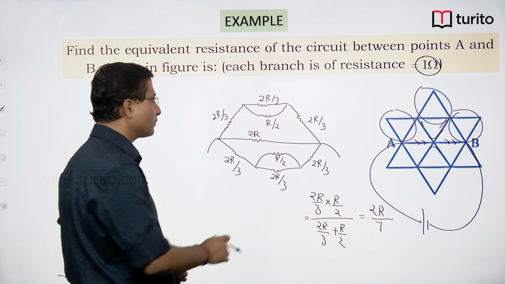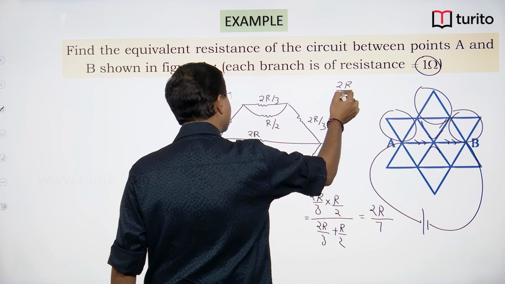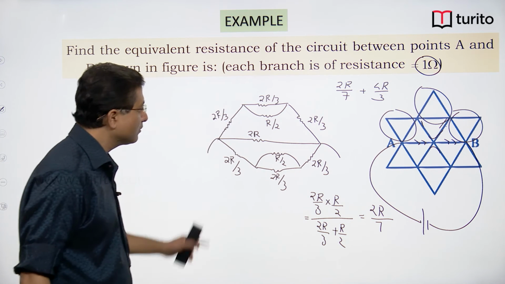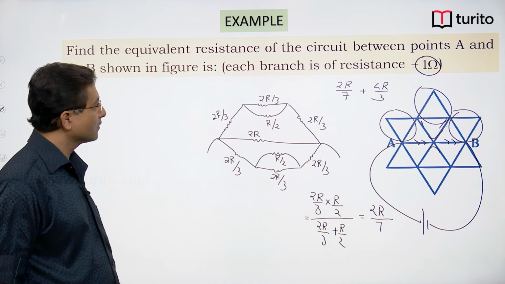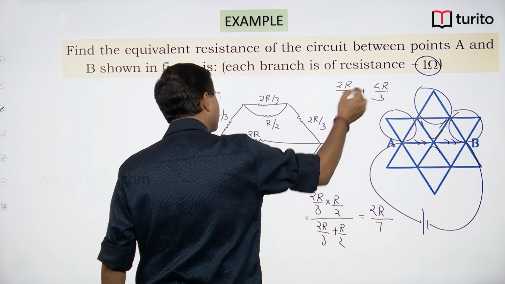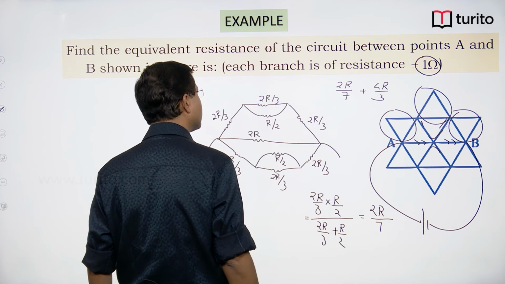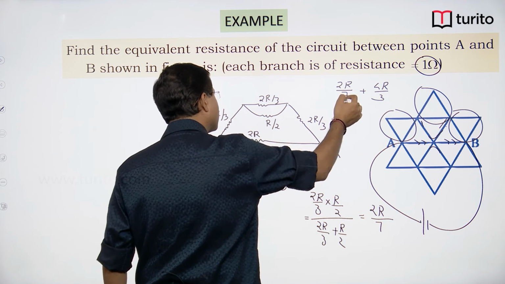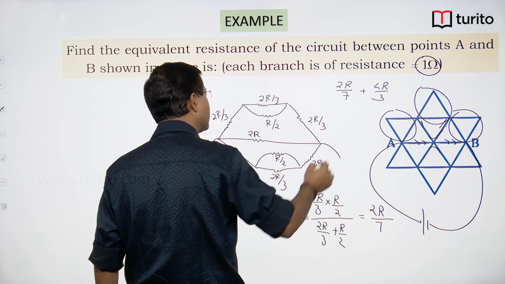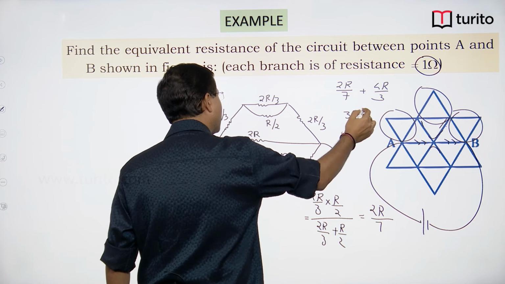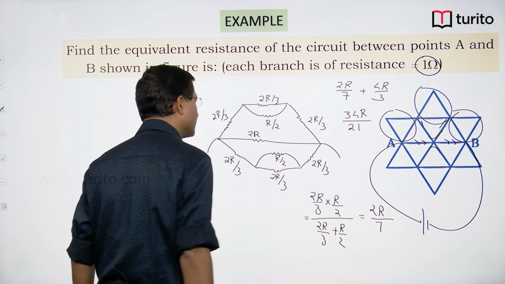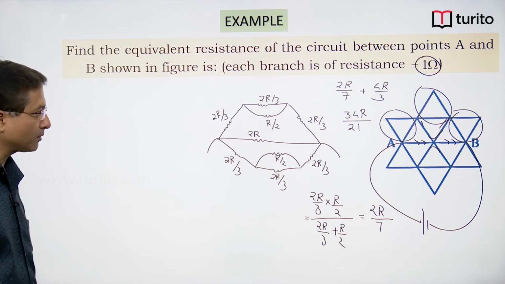So, 2R by 7 plus 4R by 3, okay, this will be for the whole upper branch. 6 and 28, that means it will be 36 and 28 will make it 34. 34R divided by, this will be 21, okay, upper part over.